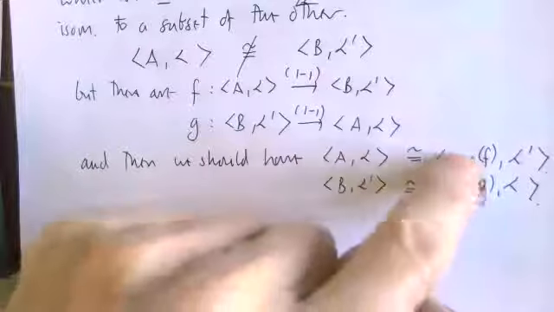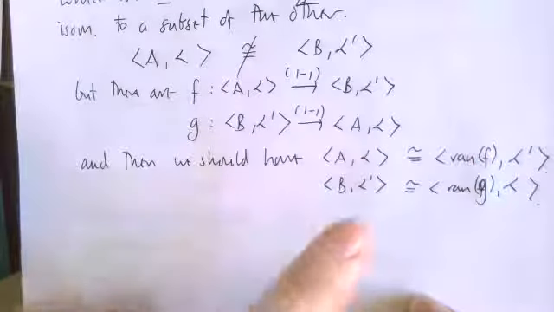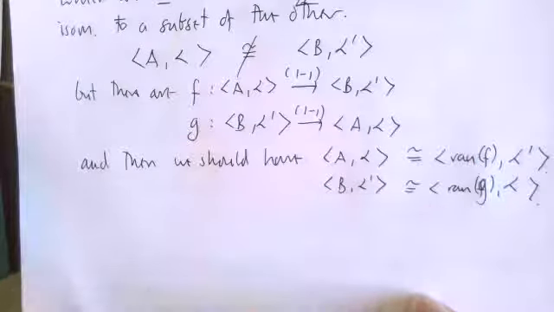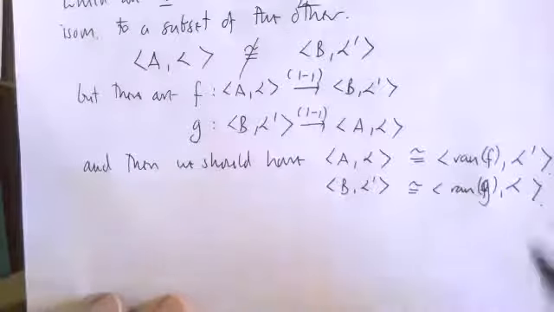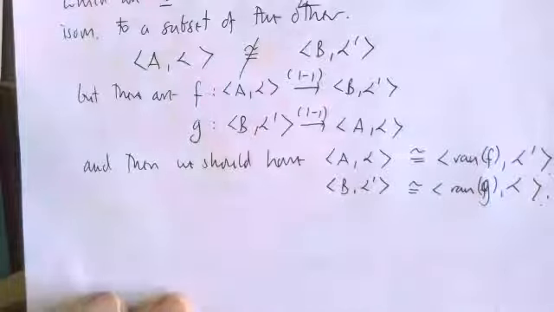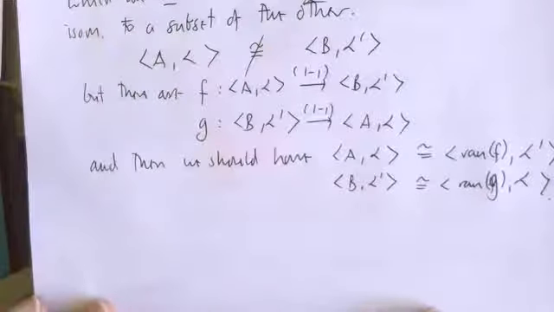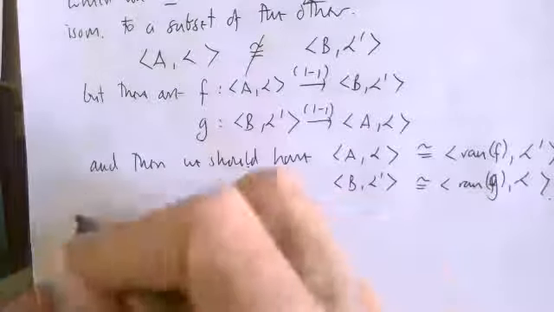So A is isomorphic to a subset of B, and B is isomorphic to a subset of A. So it perhaps only looks peculiar at the beginning because, well, there are many examples like this.